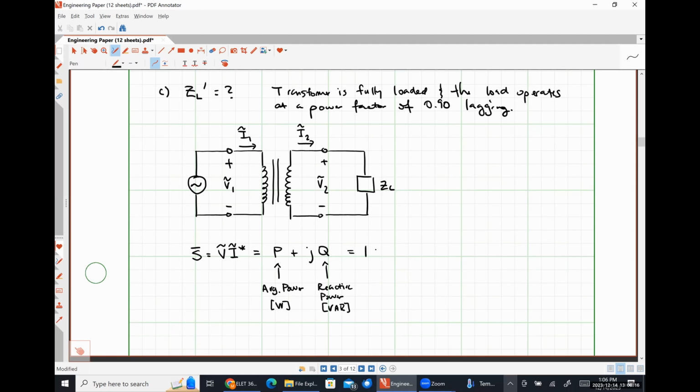And it can also be expressed in polar form as the magnitude of S with an angle of theta S, where this magnitude of S is what's called the apparent power, measured in volt amperes, and theta S is our power factor angle, usually measured in degrees because it's an angle.